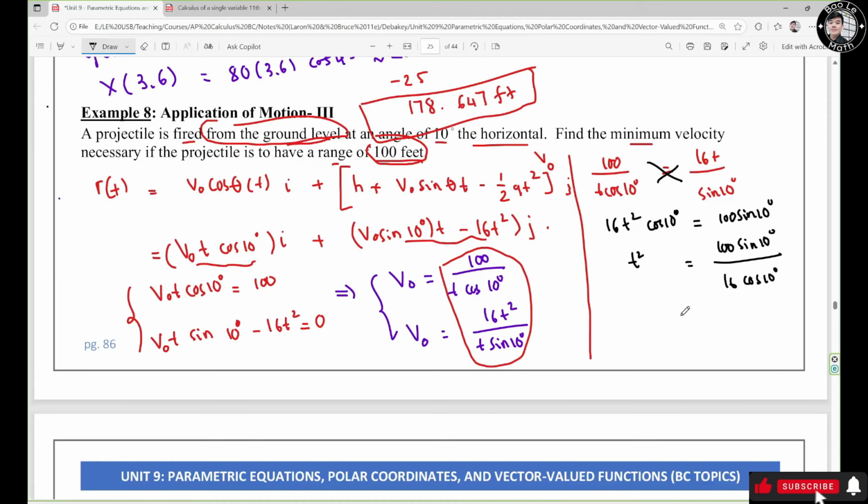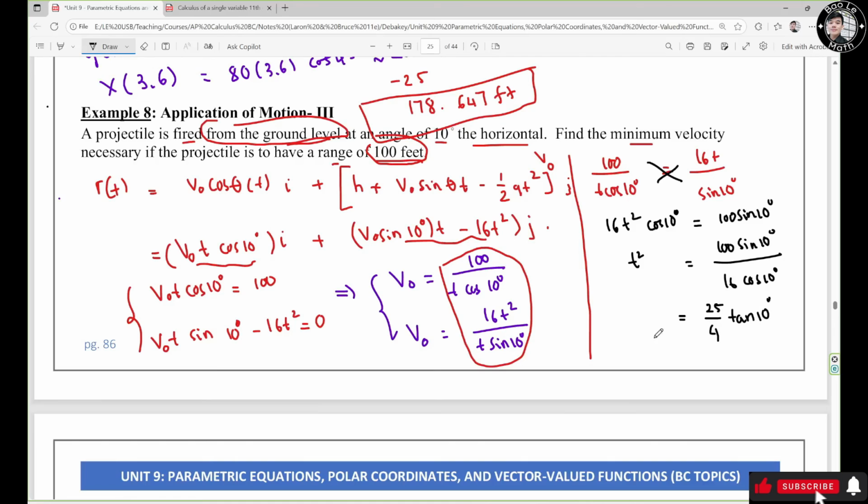So this guy turns out to be, divide the top and bottom by 4, so it's gonna be 25 over 4, right? Sine 10 divided by cosine 10 is gonna be tangent 10, right?